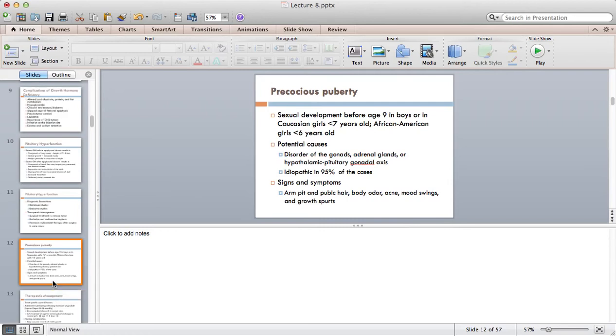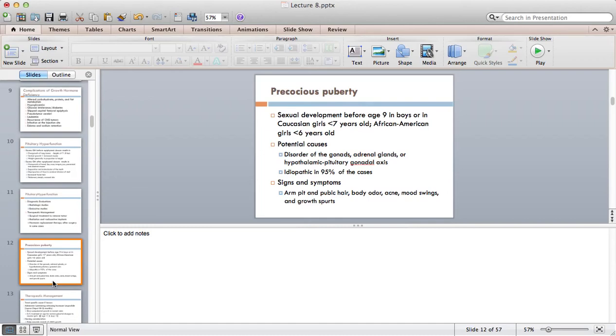This can be as a result of disorders of the adrenal gland or disorder of the hypothalamus pituitary gland. Unfortunately, the majority of these cases have really no cause, so 95% of them have no specific cause, but it just happens and then the child develops all these sexual characteristics prematurely.